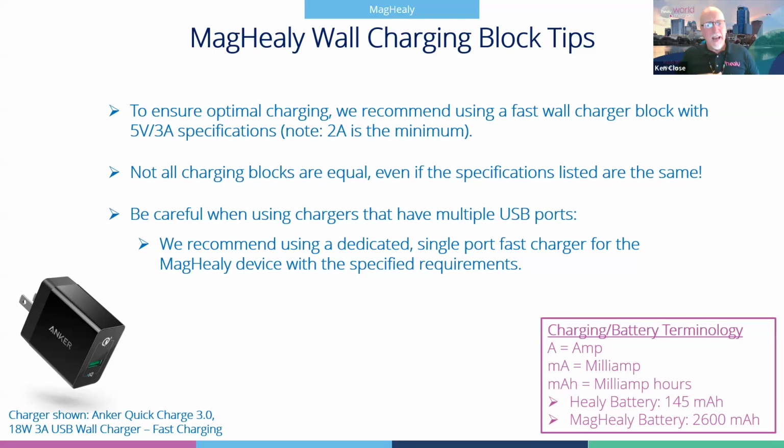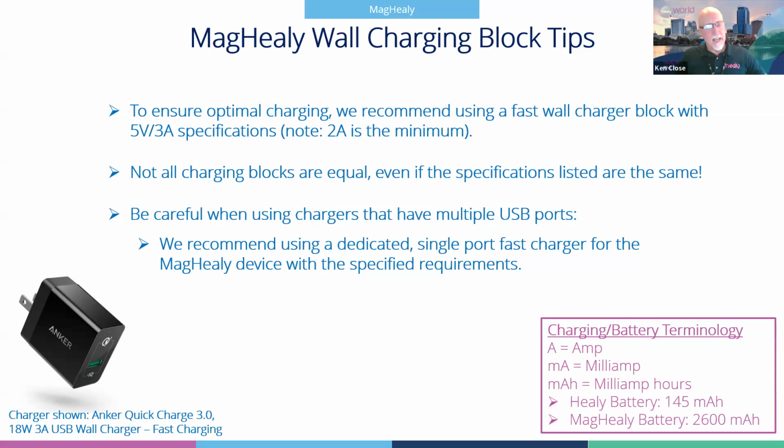So when we have more amps or more water flow, we can water more of our garden, right? We can have more pressure to hose down our car or whatever we're doing with the water. Similar here, amps is the available power that we can apply to something, in other words, to charge it back up.